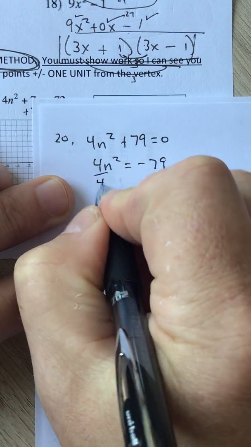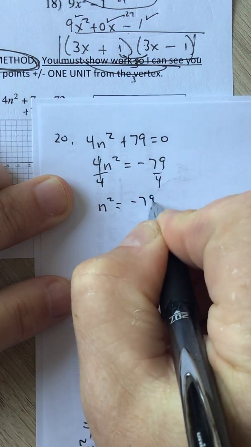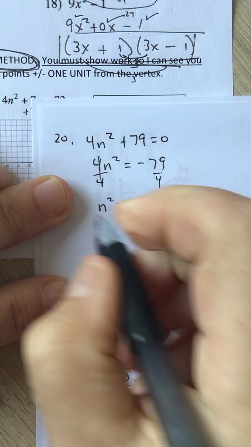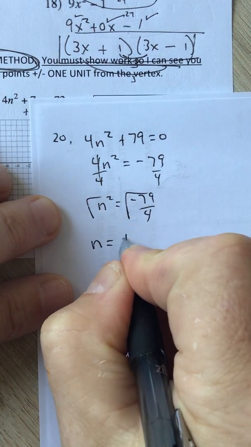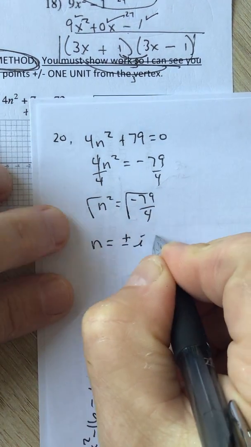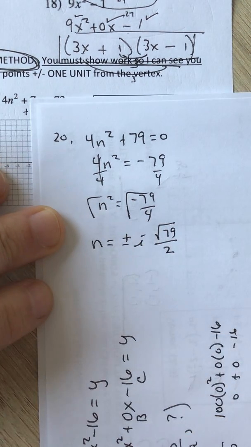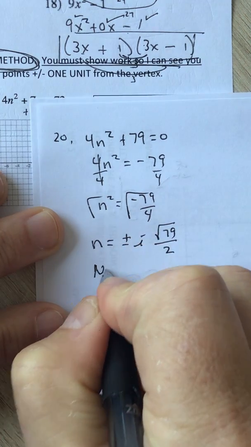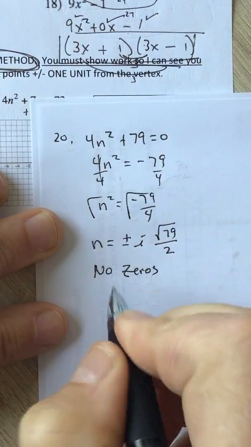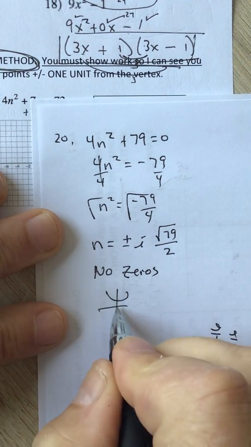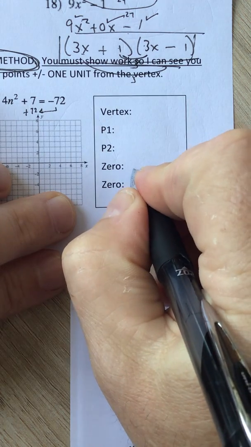Divide off the 4. Square root both sides. So this is now imaginary. So n is plus and minus imaginary roots of 79 over 2. The square root of 4 is 2. So there are no zeros, no real zeros. That means the picture's going to look something like this. It's not going to touch the x-axis. Okay, so zeros, none.